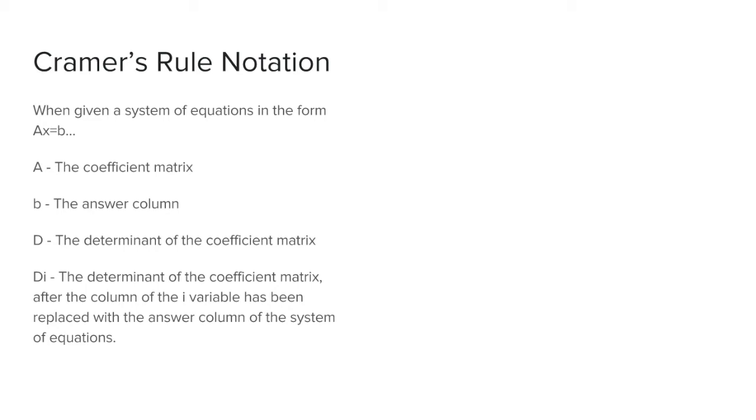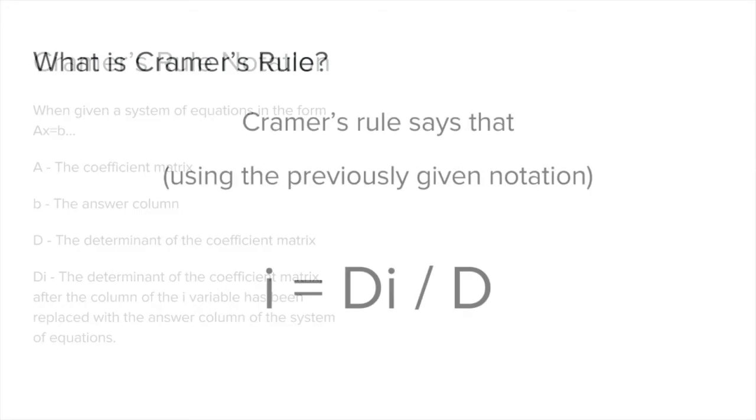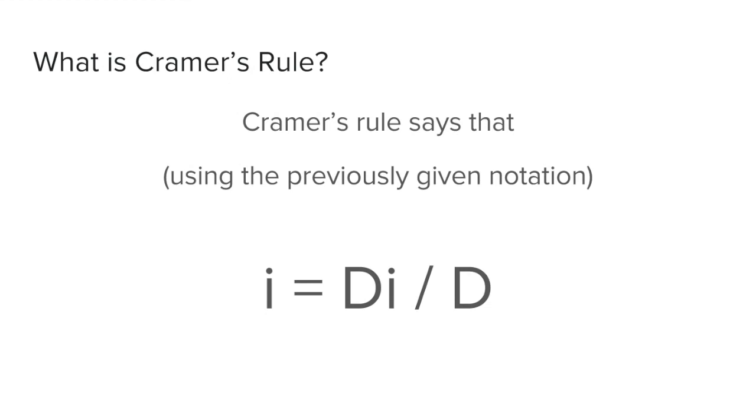It's not really that complicated anyway, but Di is the determinant of the coefficient matrix after you take the column of the i variable and replace it with the answer column of the system of equations. So Cramer's rule says that the variable i is equal to Di, where you're taking that coefficient matrix and replacing that i column with the answer column, divided by the determinant of your coefficient matrix by itself.